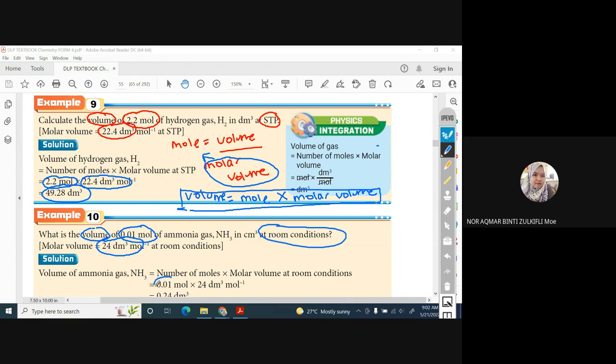So number of moles 0.01, molar volume 24. So you will get the answer 0.24 dm cube. Okay, don't forget the unit. Unit for volume is dm cube, dm3. 3 dekat atas. dm3. Okay, the unit.